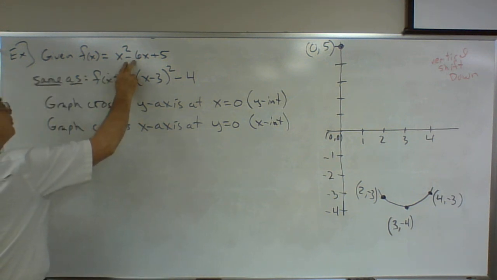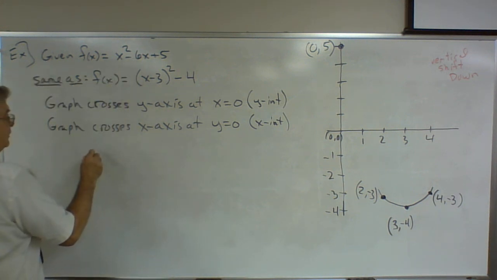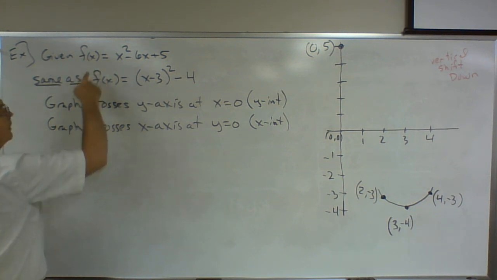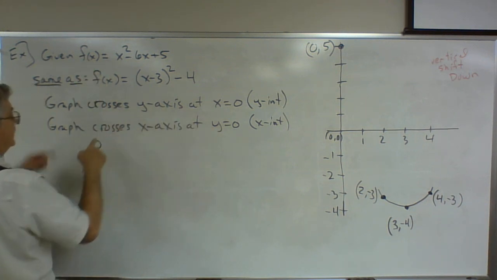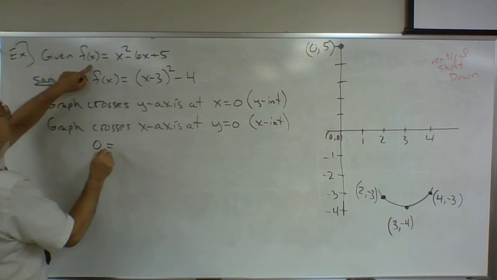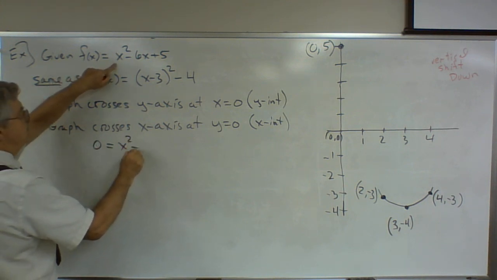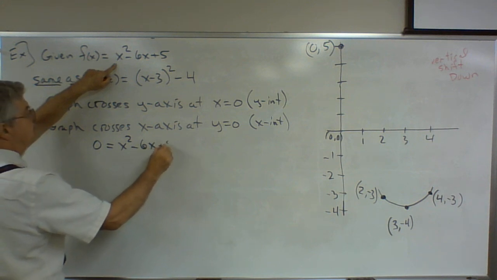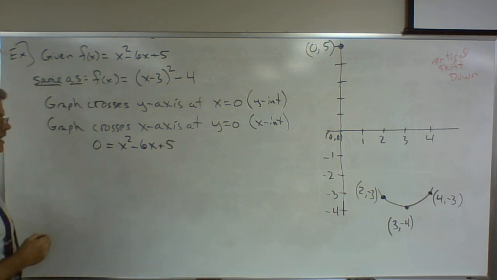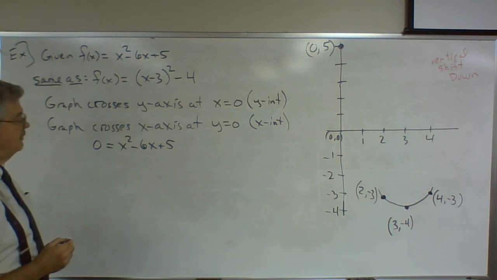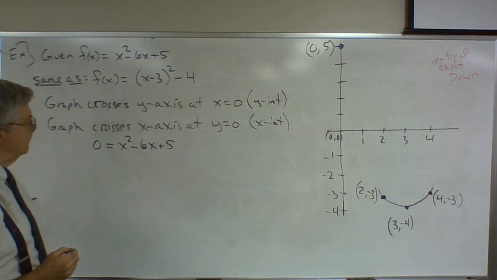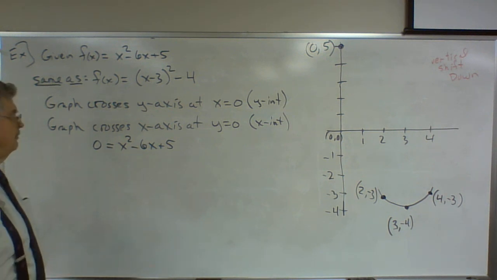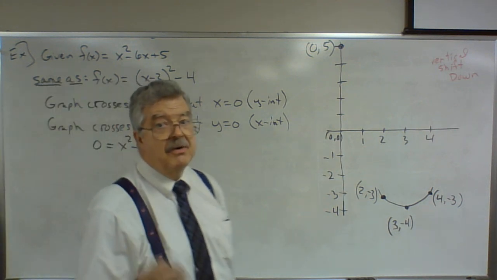This equation's probably going to be the best one to use. F of x is y, so we're letting y equal 0. Y equals 0, which equals x squared minus 6x plus 5. And does this factor? Well, maybe it does factor. Let's see. We are so lucky.